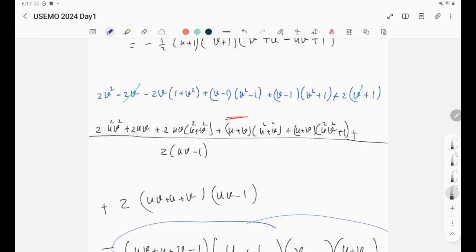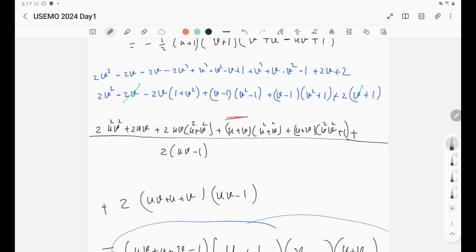Let me use do again. 2v squared minus 2v minus 2v, minus 2v cube, plus v cube, minus v squared minus v plus 1, plus v cube, plus v, minus v squared, minus 1 plus 2v plus 2.